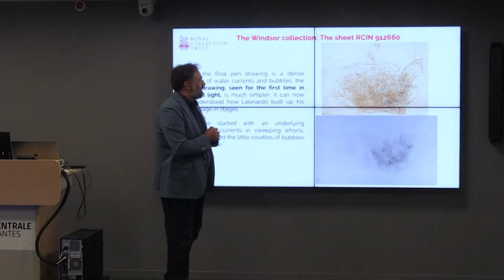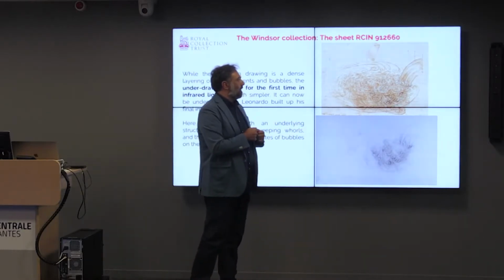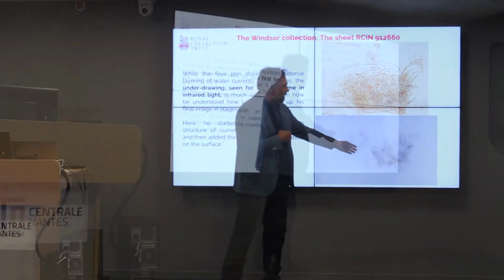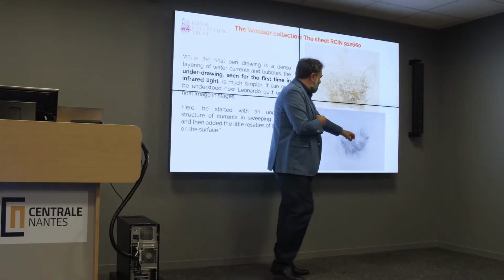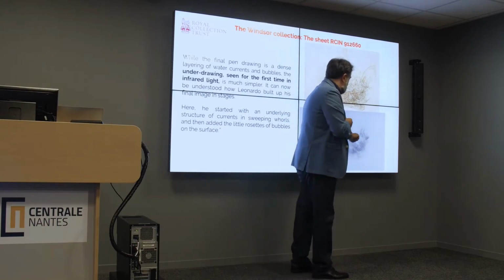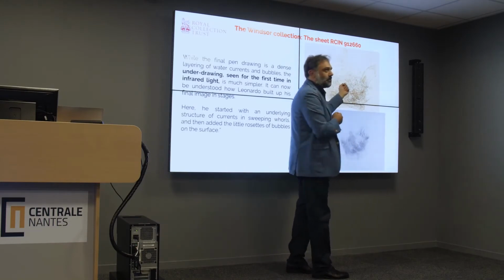It is interesting that thanks to an infrared investigation of this drawing, we can see that Leonardo started his drawing focusing on the vorticity, on the vortex. So we have all the vortices here, and then after this he added other elements to this drawing.